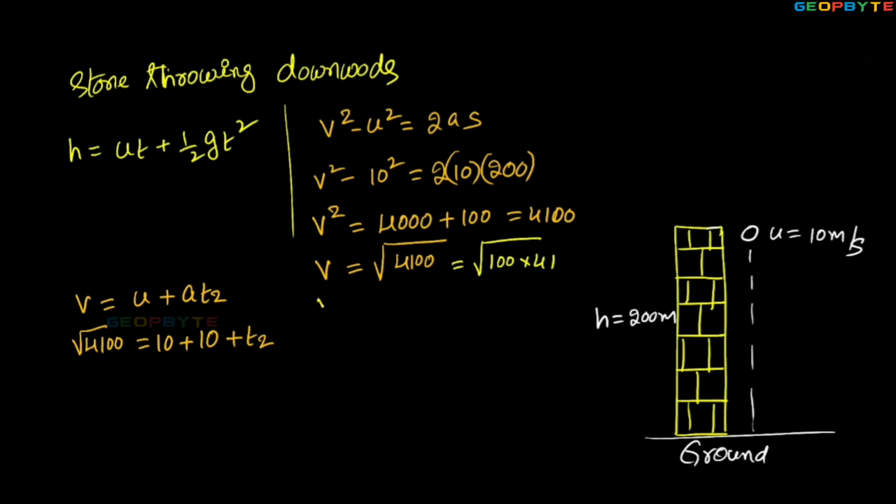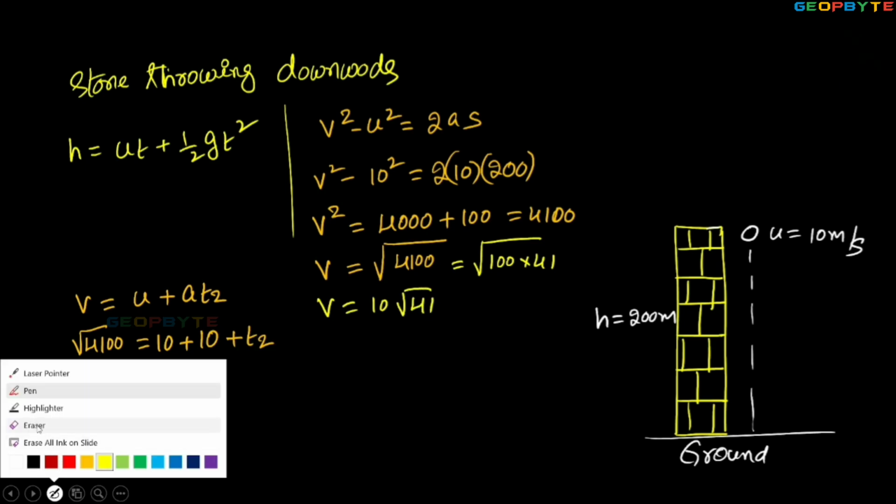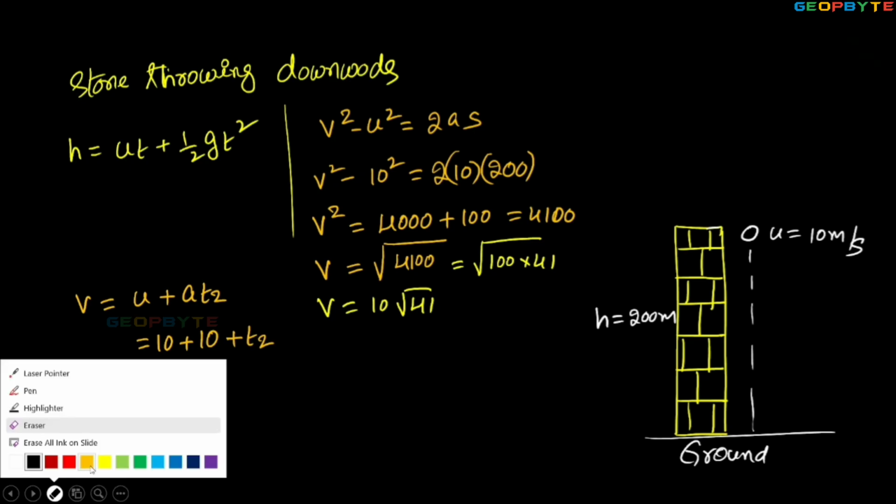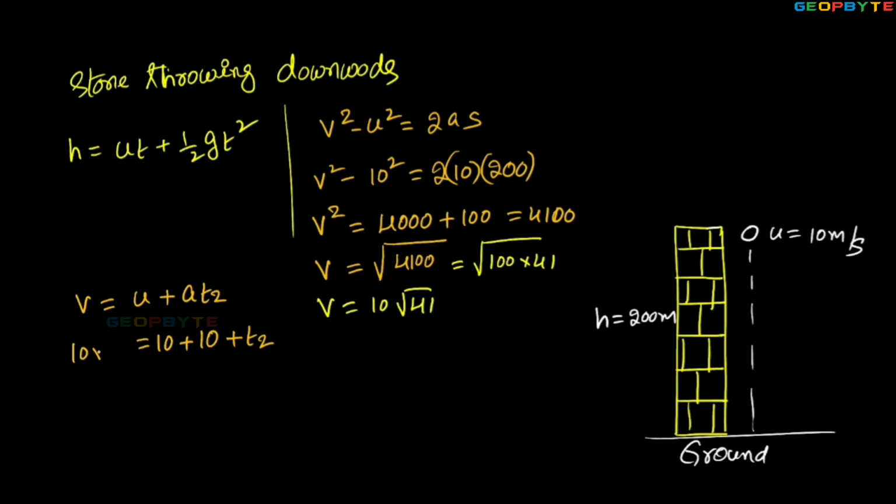Yes, I got it. So v equal to 100 into root 41. I can write 10 root 41 for simplification. So this I am going to write: 10 root 41.